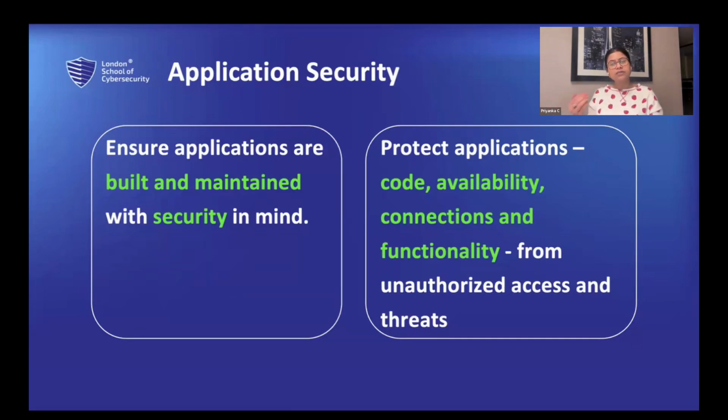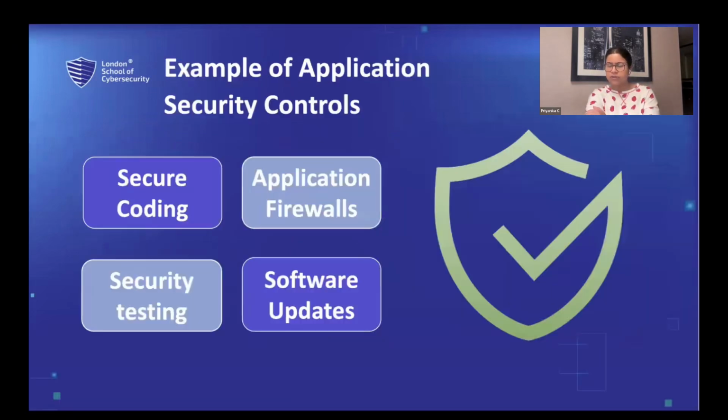And the next goal is to actually protect the applications, which means the code of the application, the availability of the application, the connections that are going in and out of the application, and the actual functionality of the application so that it does what it is supposed to do, from unauthorized access and threats. All right. So these are the two key goals of application security.